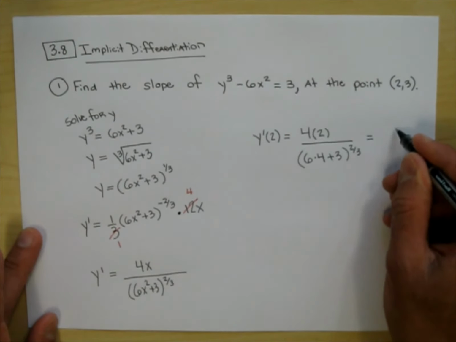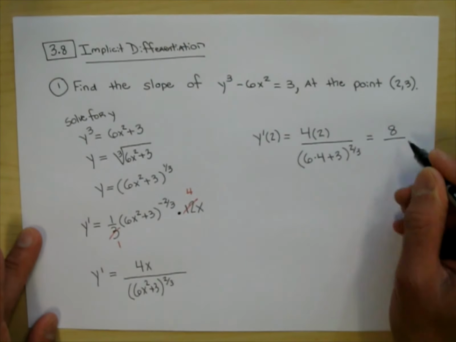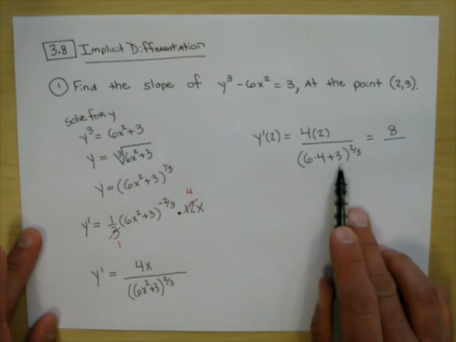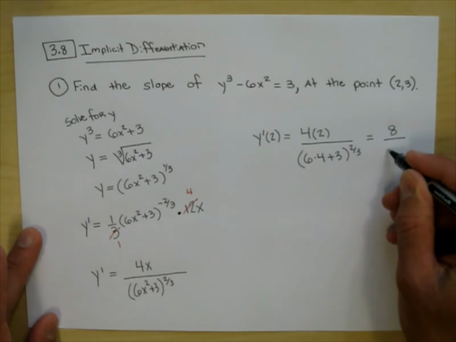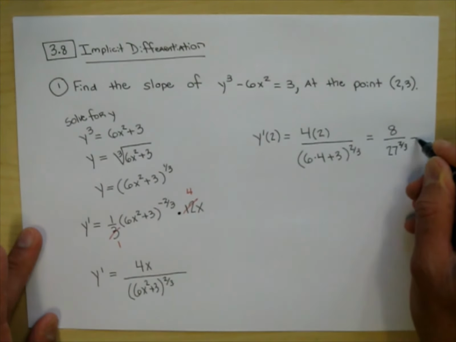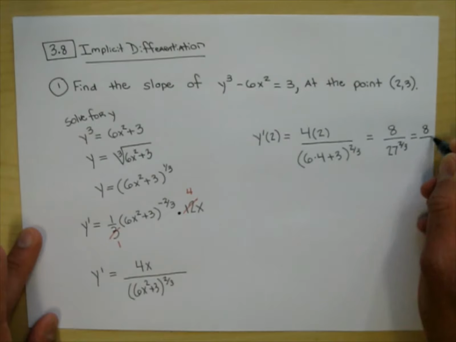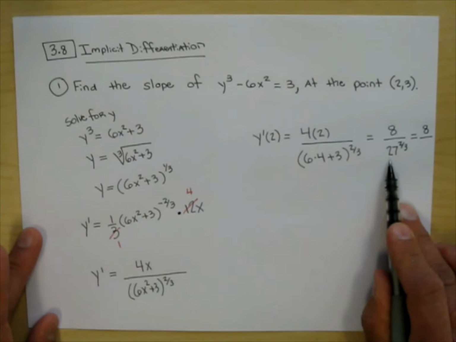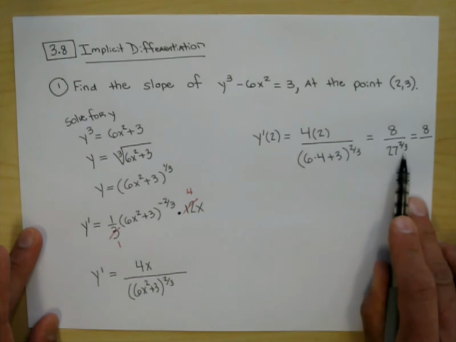Okay, so looks like I have 8 on top, and on the bottom I have 24 plus 3. I'll just write that as 27 to the 2/3 power. 8 on top. We take the cube root of 27. The power's on the top, the root's on the bottom.